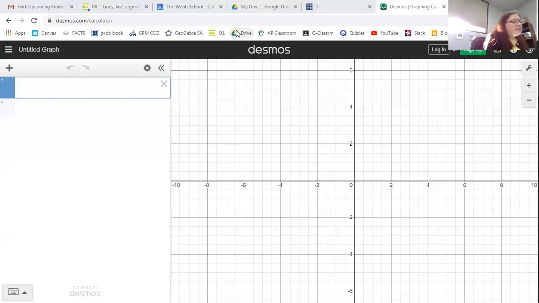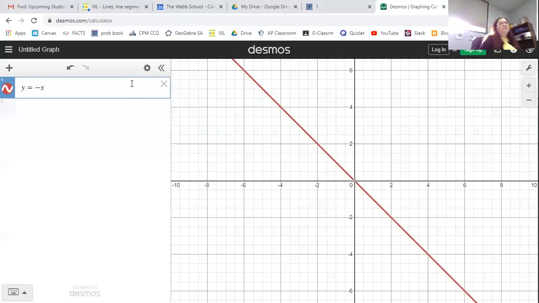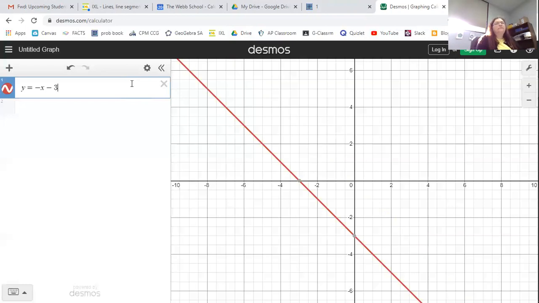I've got an equation, it's y equals negative x minus 3. So if we type that in, y equals negative x, and then you can see, as soon as I get to that point where I've got an x and a y, I've got a line. So that's y equals negative x, straight up. And then when I add the minus 3, it backs that line up 3 units.